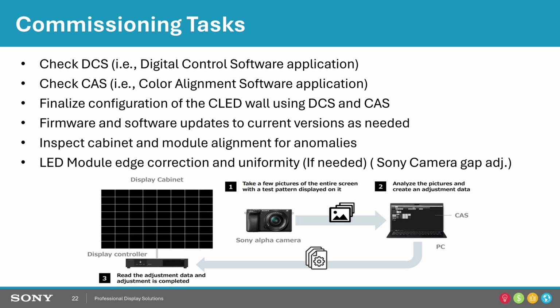I will check the configurations of both of those. More likely, I will have set those all up, but I also go through training the techs on how to set the wall up using the DCS and CAS, because there's a maintenance side of it with CAS. There are a couple of extra steps that need to be done in CAS to replace a module or replace a memory card. I go through all that in a training session during the install.